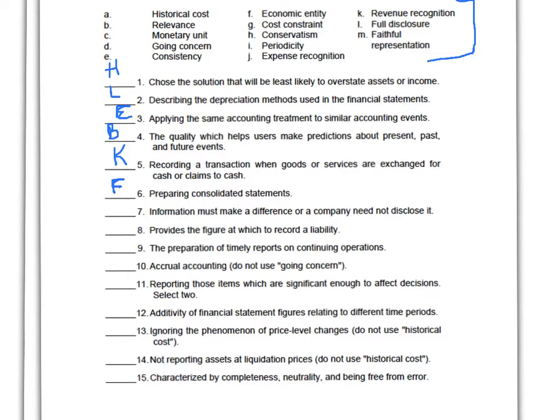Number 7 says information must make a difference or a company simply need not disclose it. And here we're talking about primarily B, relevance. Relevance really defines that. If it makes a difference, it's relevant. Otherwise, a company need not disclose it.